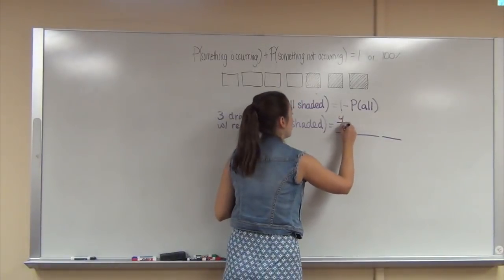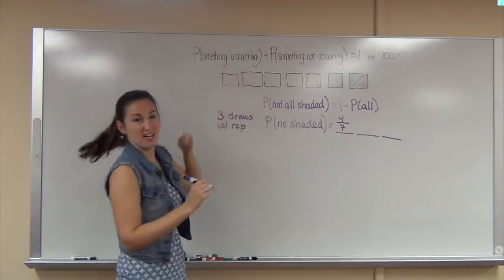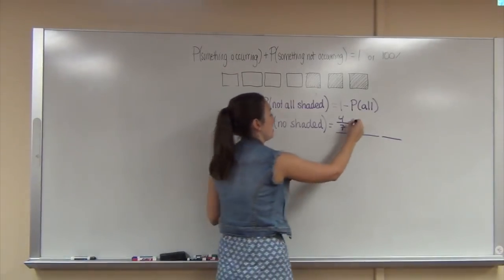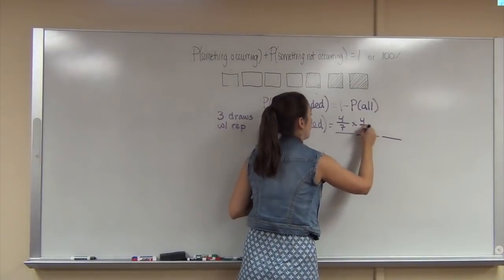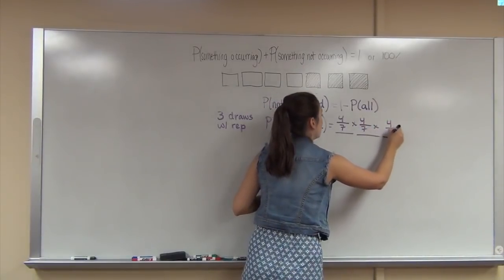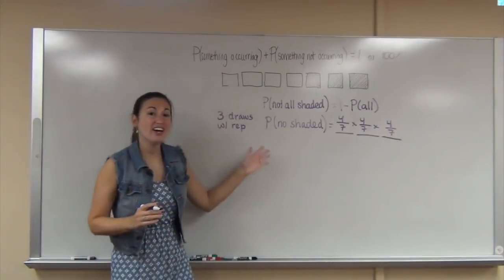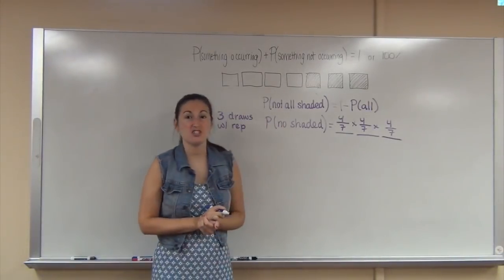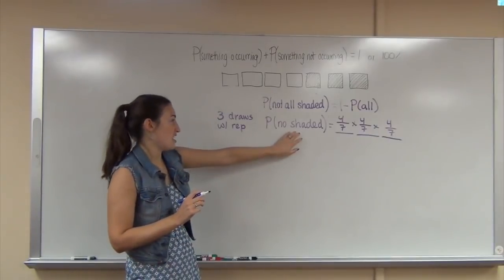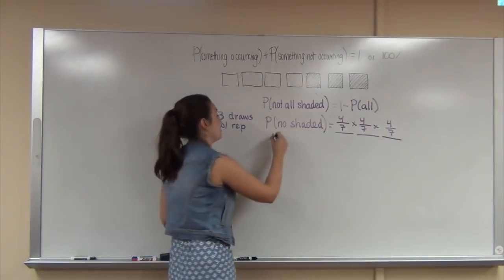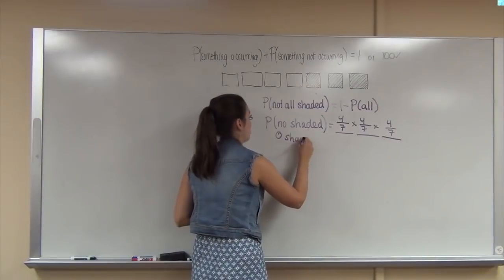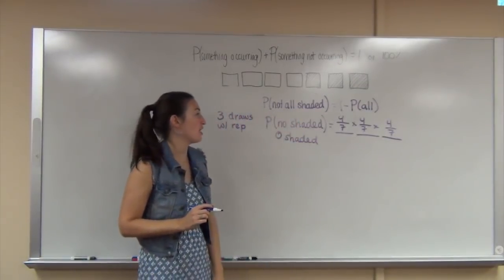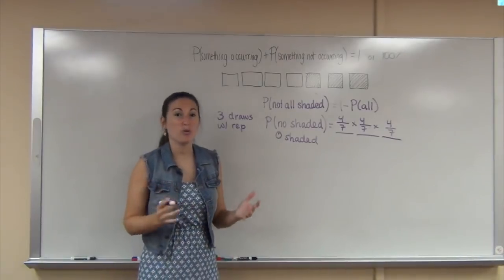And if I'm drawing with replacement, I'll take my non-shaded, the first draw, put it back in, and then my next probability is still just 4 out of 7. And same with the last one. So none, essentially, what's the probability of none, can just be calculated directly. The only thing that I'm looking at here is getting 0 shaded tickets, right? That's the only thing that falls under the category of no shaded or none.